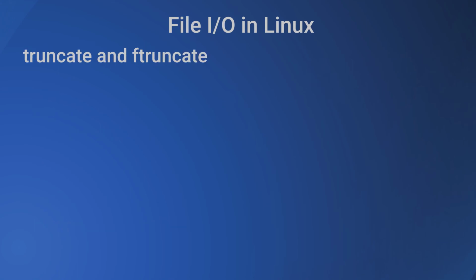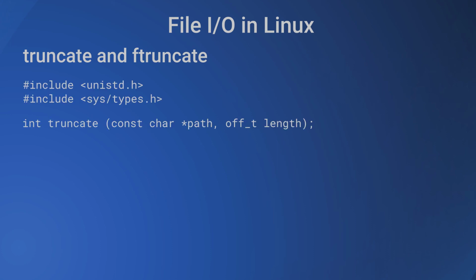Now there are two system calls, truncate and ftruncate, which truncate a regular file to a specified length. Truncate takes a file specified as the first parameter, path, and truncates it to length bytes. Ftruncate does the same to a regular file identified by the file descriptor fd. The process must be able to open and write on the file.